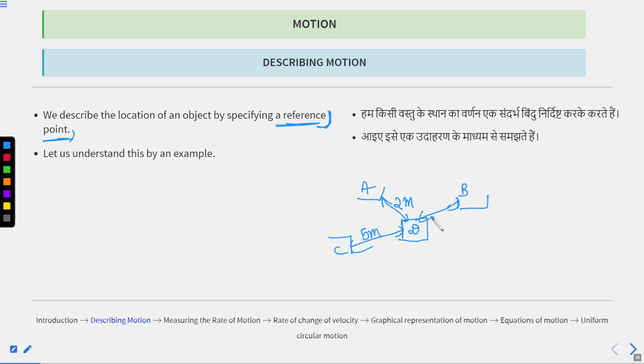And friend B says that D is sitting 3 meters away. So all these distances are calculated using different frames. According to A, D is 2 meters away. According to C, D is 5 meters away. And according to B, D is 3 meters away. So all three are not wrong, according to them. I am using the word "according", and in physics language that "according" becomes the reference point.